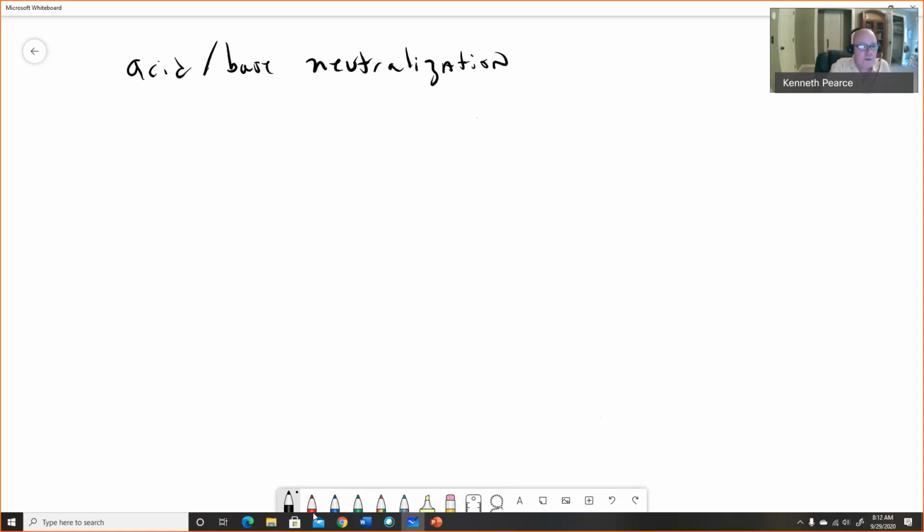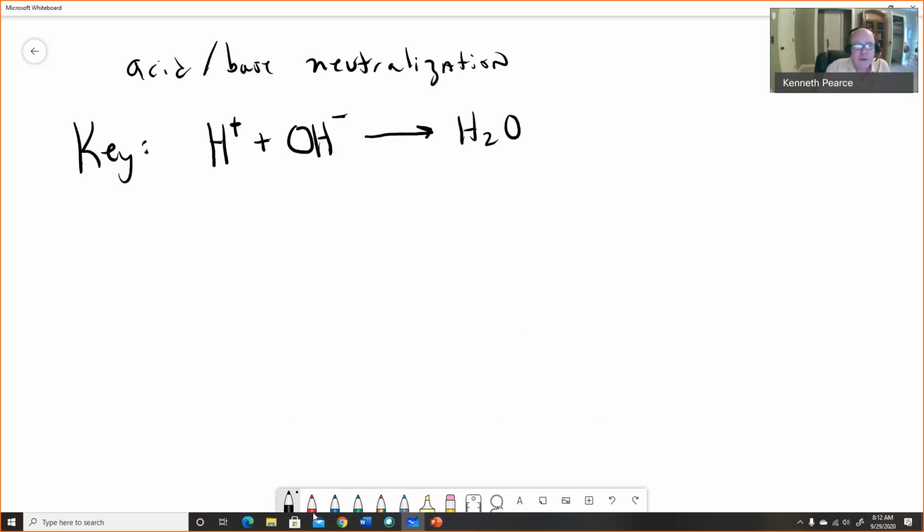The key to acid-base neutralization is that H+, which comes from the acid, reacts with OH-, which comes from the base, to make water. This is the key. This is also the net reaction for all acids and bases. Okay, that's the net reaction.